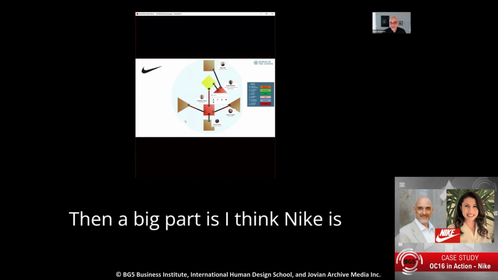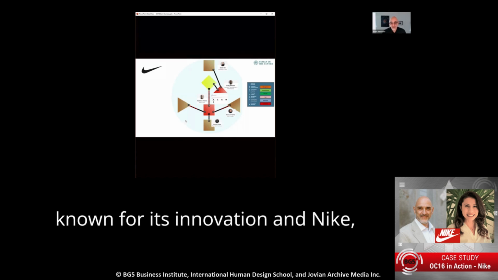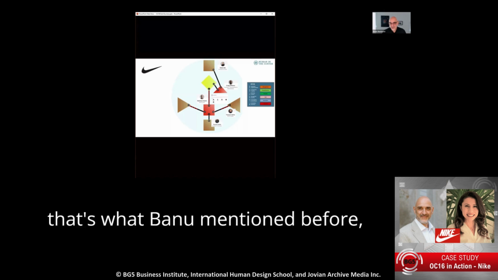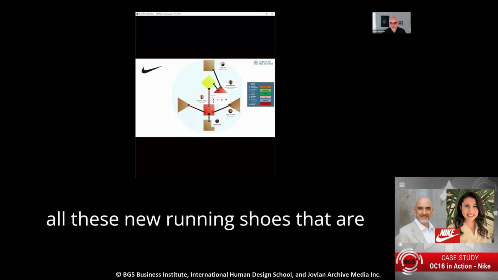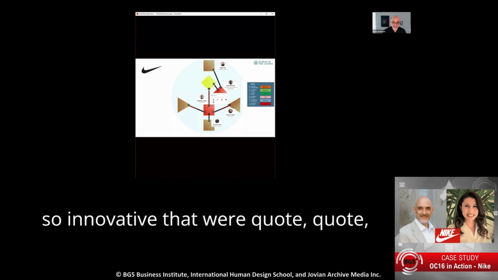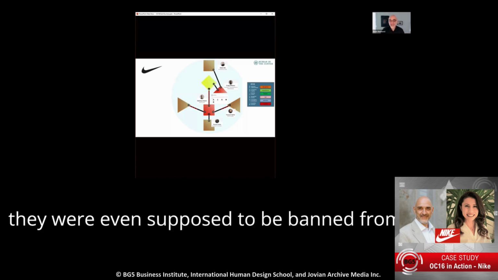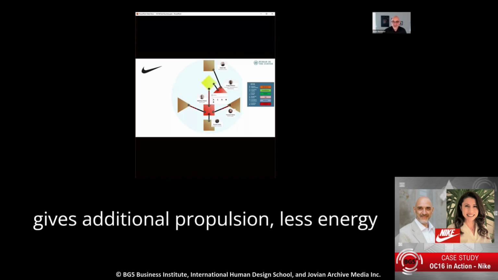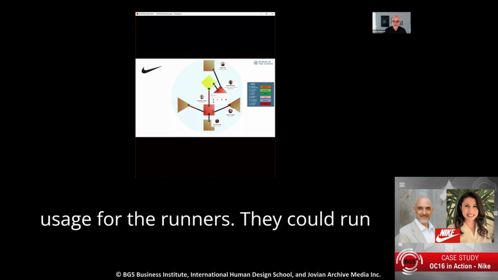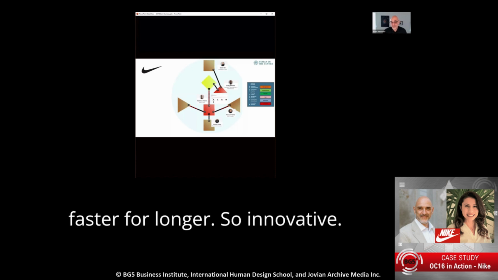Then a big part is, I think, Nike is known for its innovation. And Nike, that's what Banu mentioned before, wouldn't be there anymore if there wouldn't be innovation. Think about all these new running shoes that are so innovative that they were even supposed to be banned from the marathon runners because it gives additional propulsion, less energy usage for the runners. So they could run faster for longer.